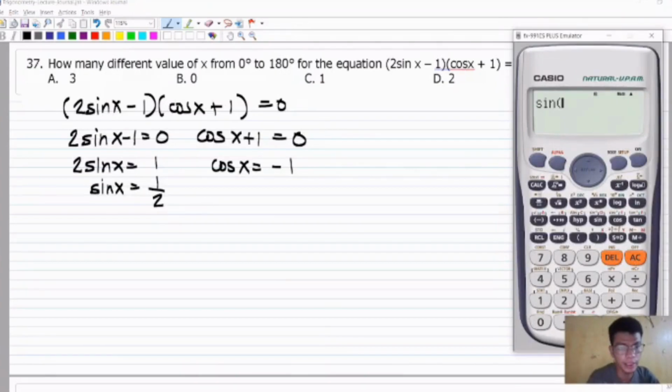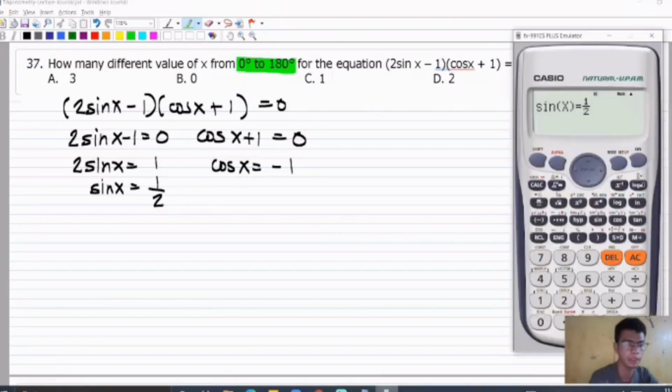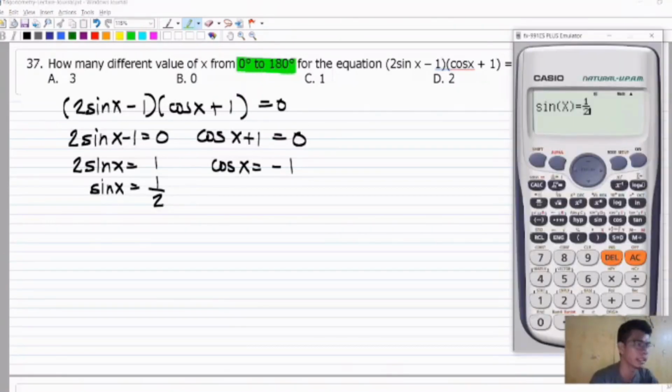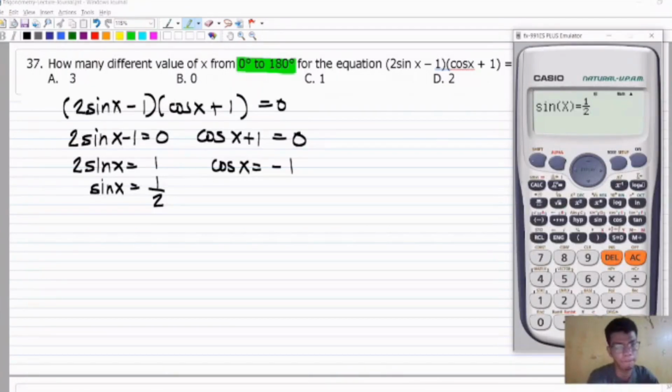So, sine x is equal to 1 half. So, take note lang na how many different values from 0 to 180 lang ang kailangan natin i-shift solve. So, ang mga sagot na lalabas ni calculator nasa labas ni 0 and 180 ay hindi natin ibibilang. Shift solve from 0 na.